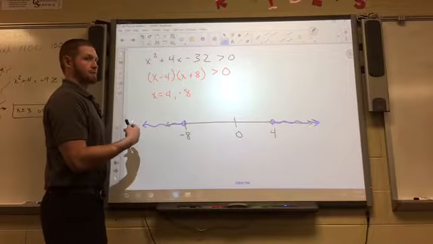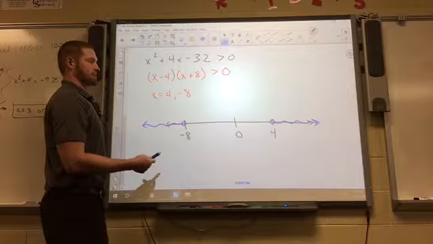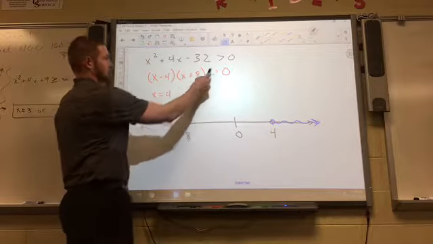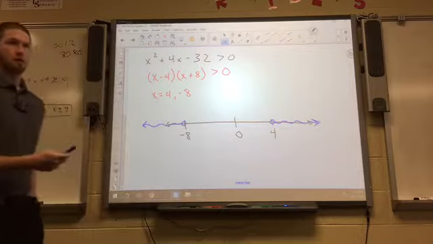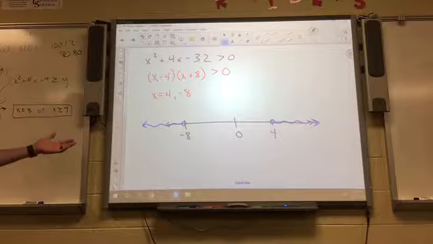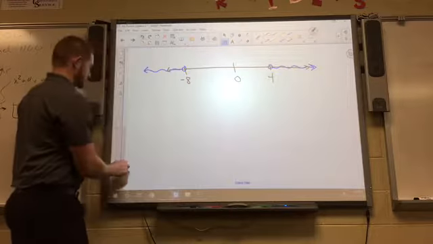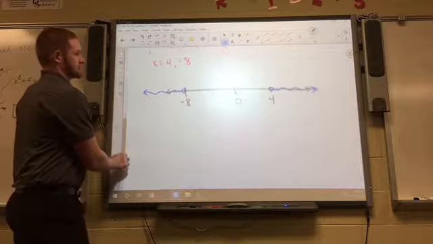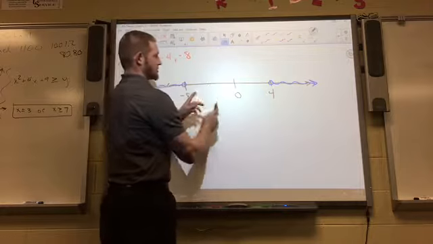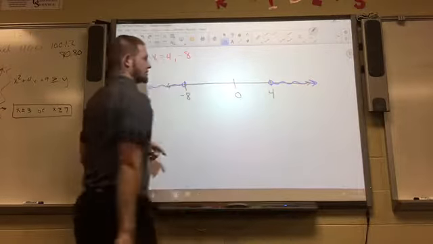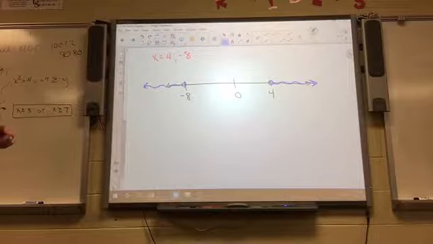We still have to know what are our possible options for x, because our answer is not x equals 4 and -8, since we're solving an inequality. I know there's an infinite number of answers somewhere. Since I'm shading on the outsides, and this might be something you want to write down, this is what we call an OR statement.